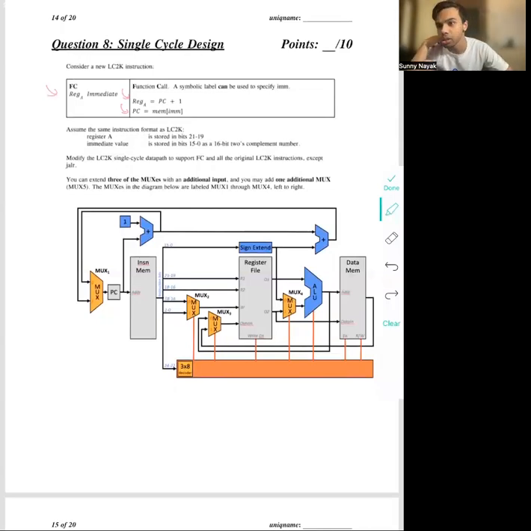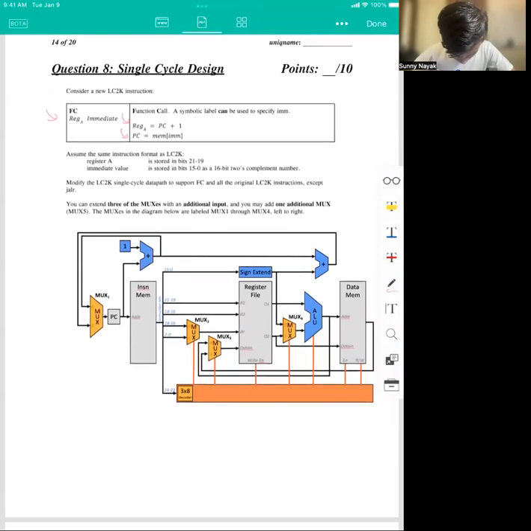This is useful because I could have a label at a particular function, or a value located at a label for a particular function, and then I can jump straight to that particular line and save my old PC, the incremented PC, in register A. So it's actually somewhat similar to a JALR instruction, but we're going to go ahead and get started.